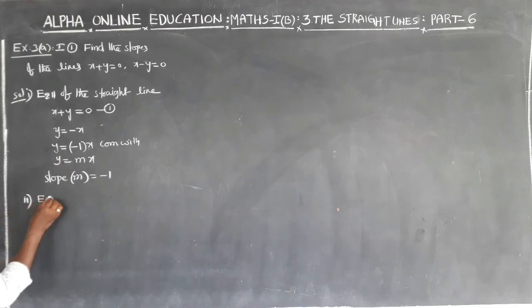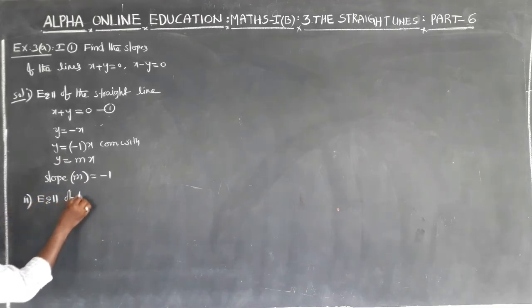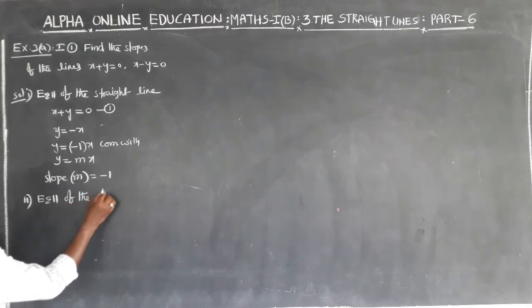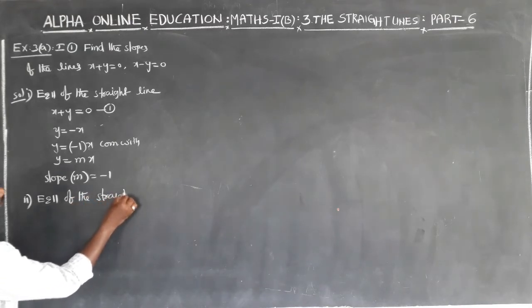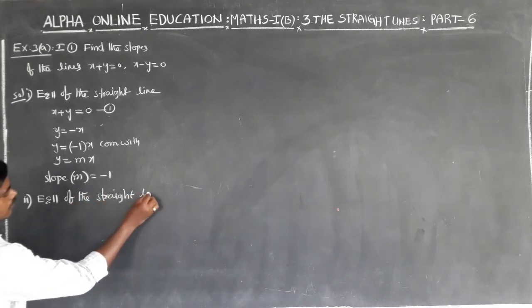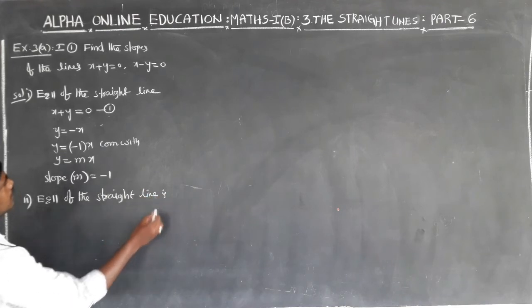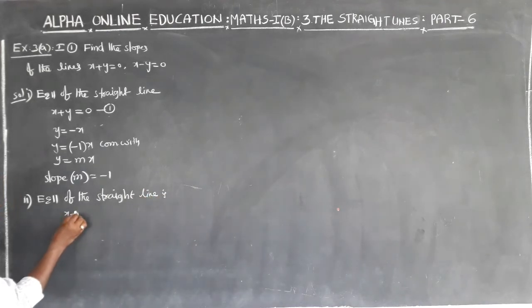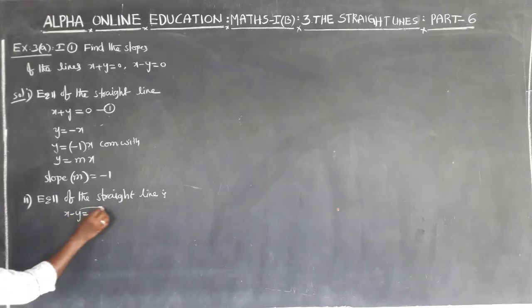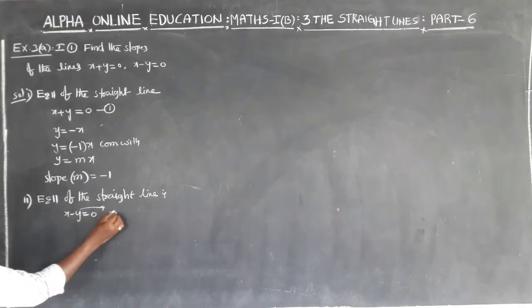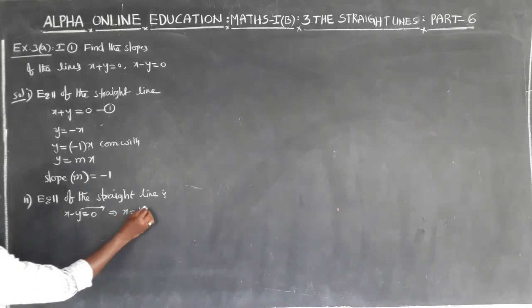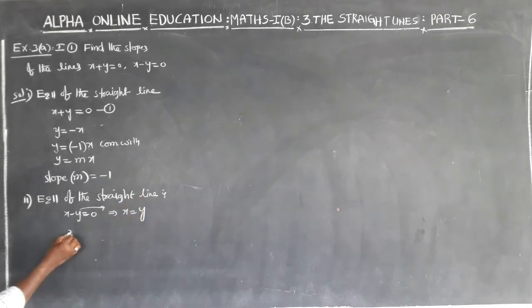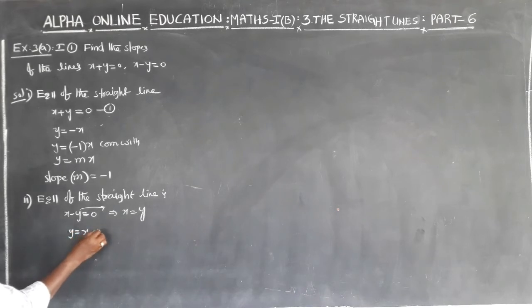Second one. Equation of the straight line is x minus y is equal to 0. Taking y to the right side, x is equal to y, which means y is equal to x.